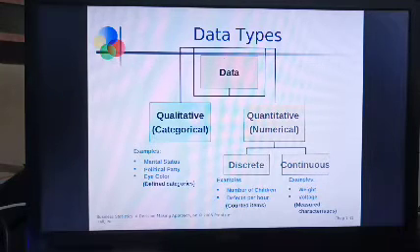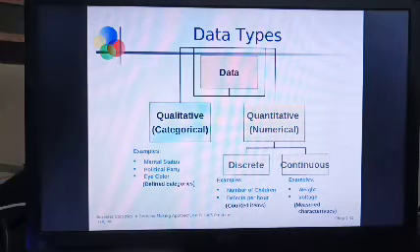But here there is the qualitative or categorical data type, and there is also the quantitative or numerical data type.